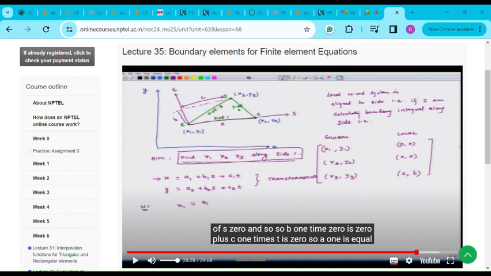The governing equation is like this. And the boundary conditions are: at y equals 0, temperature is 0, and at y equals 2, there is some heat flux Q equals 1.